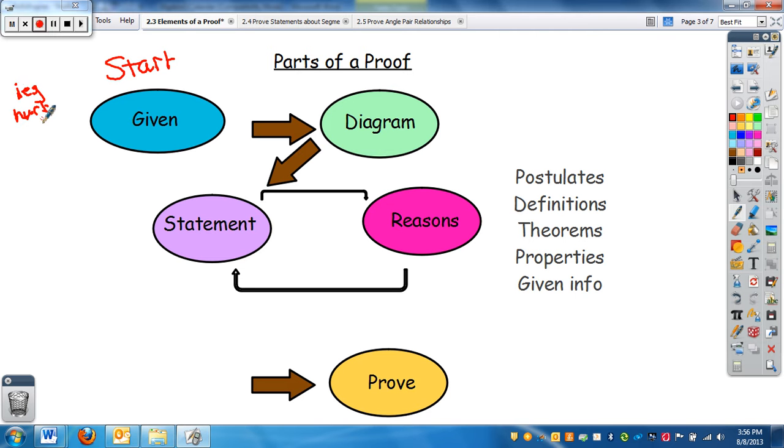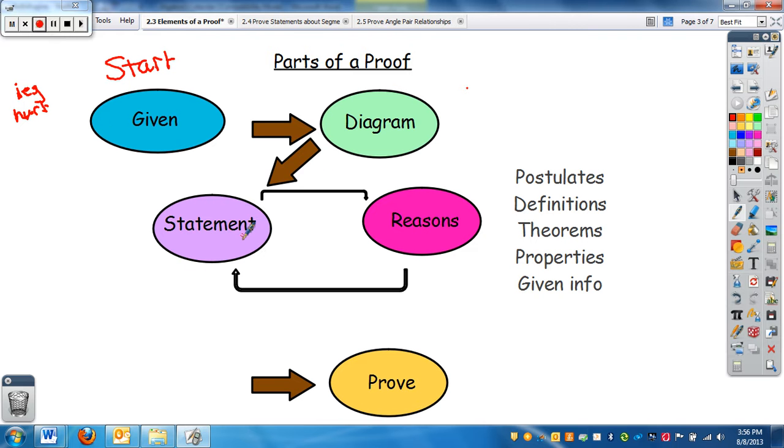And from there, you'll be given a diagram. A diagram is just something to help you look at it. Sometimes you may not be given the diagram, but drawing one is helpful. And from there, the diagram can help you make conclusions. And then you need to have statements and reasons. So for example, your leg hurts. Your diagram could be something like an x-ray.